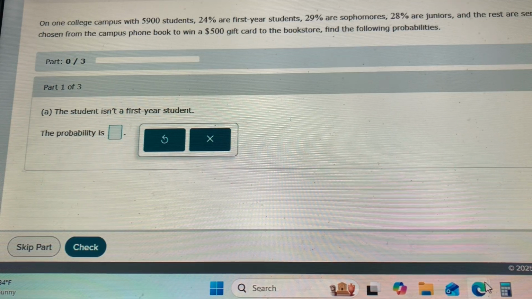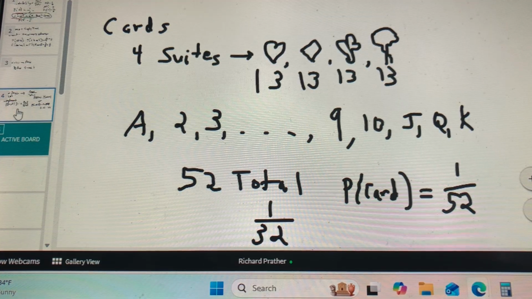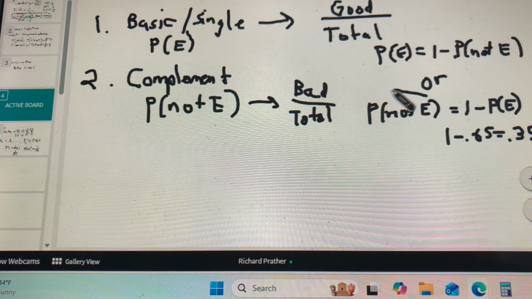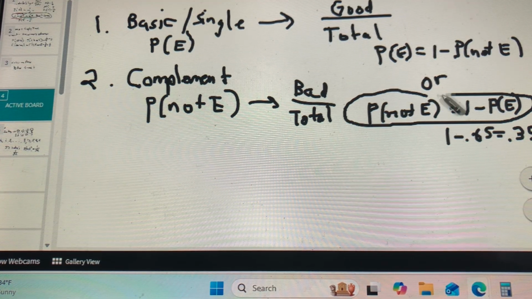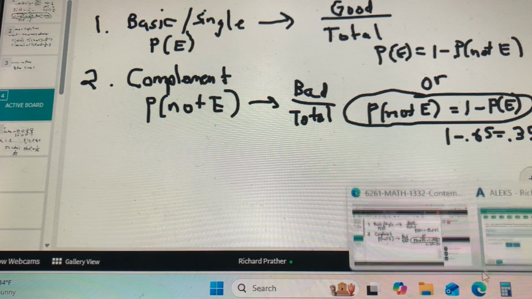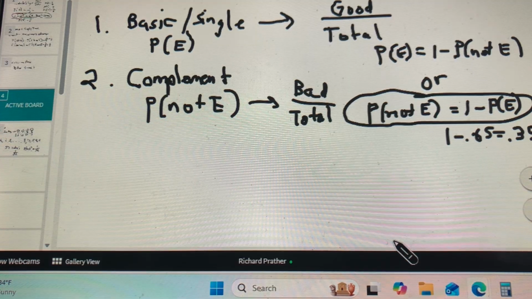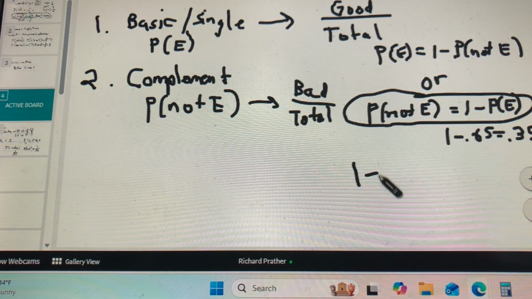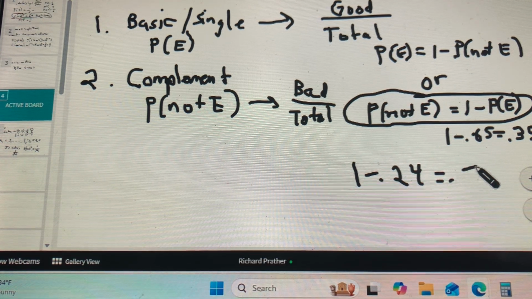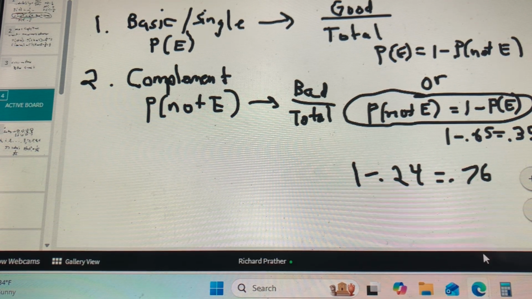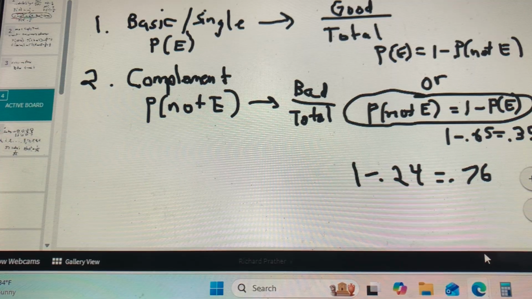This is a perfect example of doing this complement rule right here. I know that 24% of them are first year students. So the chance that you don't get a first year student is literally 1 minus 0.24. That's 0.76. That's easier than adding the other three together, even if you knew the third one.